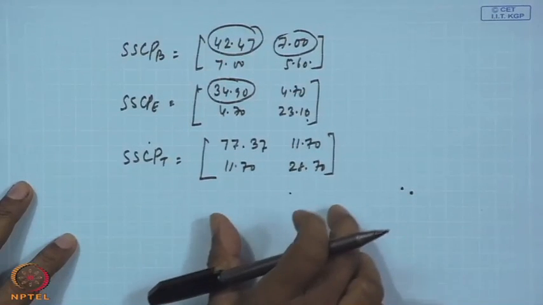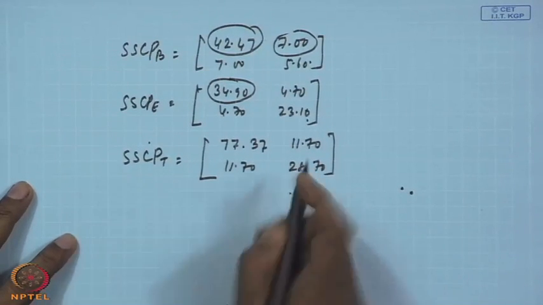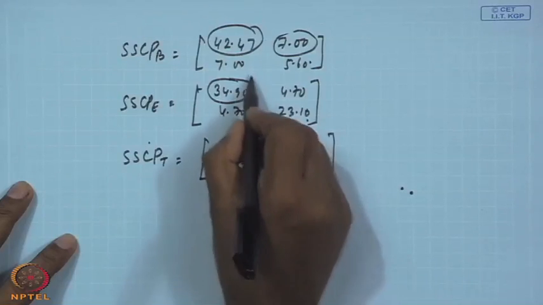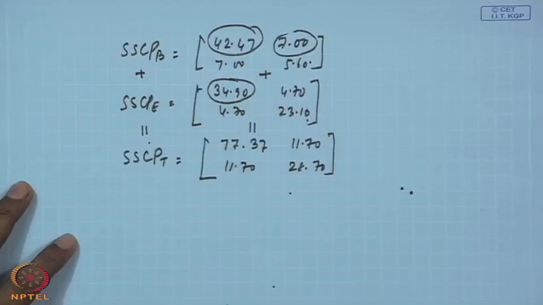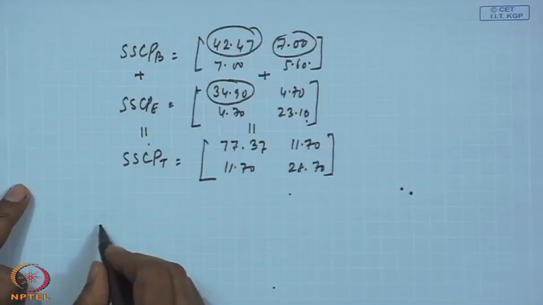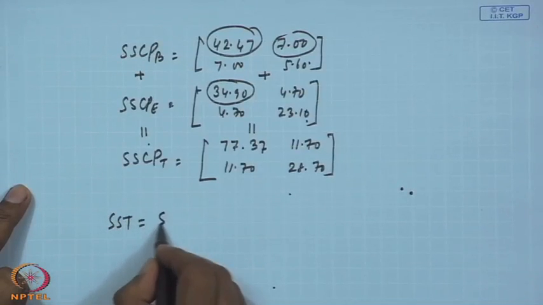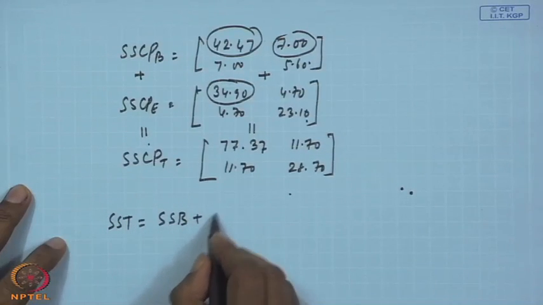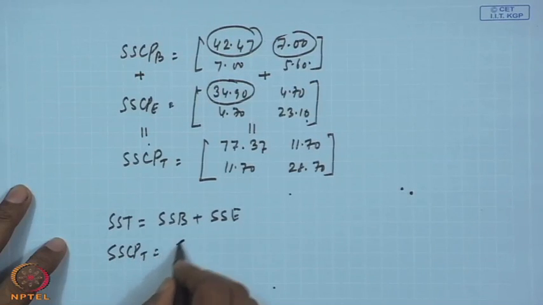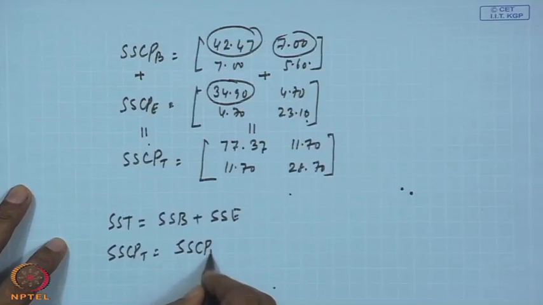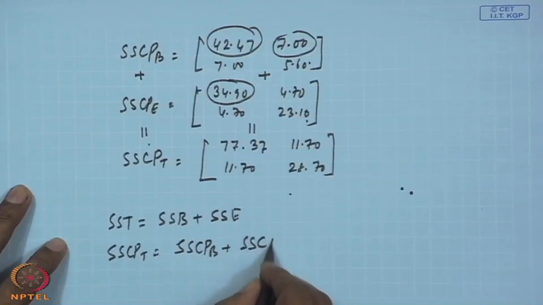Okay. So, this is the decomposition of the total matrix, this equal to this plus this. In ANOVA you decompose SST, sum square total, equal to sum square between populations plus sum square error, and in MANOVA, SSCP total is decomposed into SSCP between plus SSCP error.